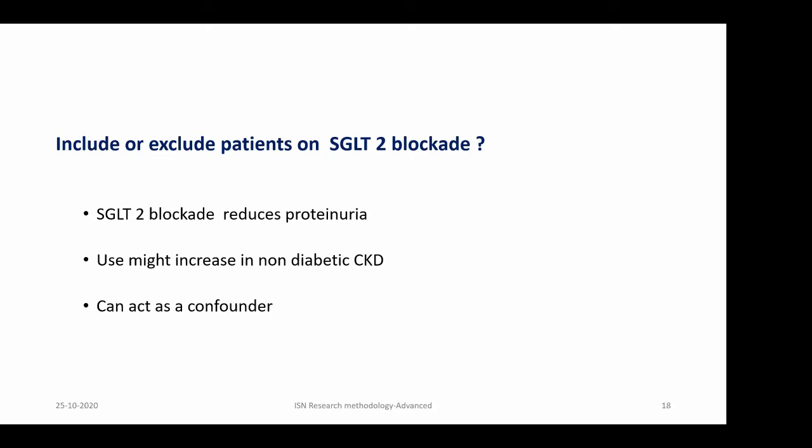So now if we have to think of SGLT2 blockade at this point, whether we should include or whether we should exclude, what should we do with patients on SGLT2 blockade? You know that the DAPA-CKD trial results are just out, and it might take another couple of years for SGLT2 prescription to become widespread. People might be looking for more evidence. At least to me, I might not start writing SGLT2 blockade tomorrow based on the DAPA-CKD trial. I might wait for a little bit of evidence.